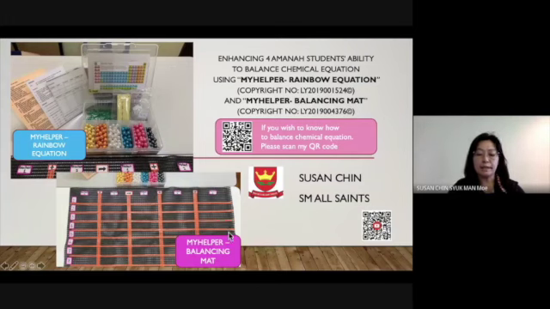Here, as you can see, it is MyHelper Balancing Mat. This is an improved version of the small templates that you can see on the screen, so that students can place the bits on the anti-slip balancing mat and see the result better.